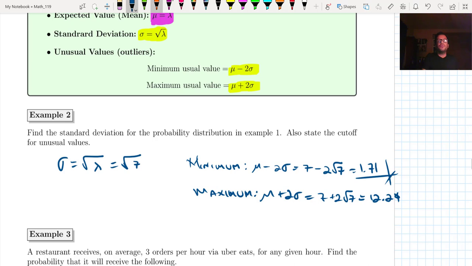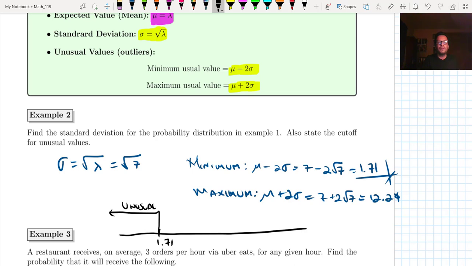So these are the cutoff values: 1.71 and 12.29 are unusual.